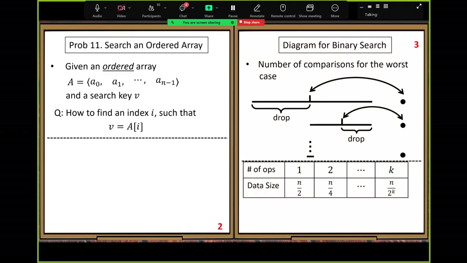Question: at what time should we stop splitting? Because now we want to describe the last comparison. After the last comparison, there is no need to do another comparison. After the last comparison, our algorithm should terminate.